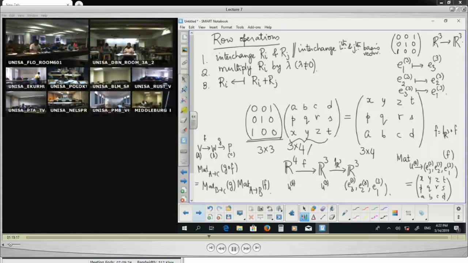It will be the matrix of the identity from U3 to this, times the matrix of F from U4 to this. But that is exactly this change of basis times the old one. I see it now.